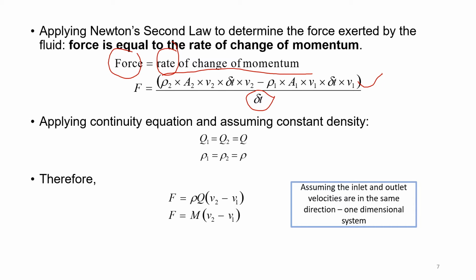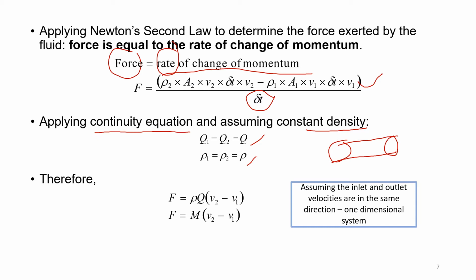After that, we apply the continuity equation, where the flow entering the tube is equal to the flow leaving the tube. So we get Q, and we assume that the density is constant because inside the tube we have one type of fluid. So when it is one type of fluid, it means the density is the same. So we get the density.